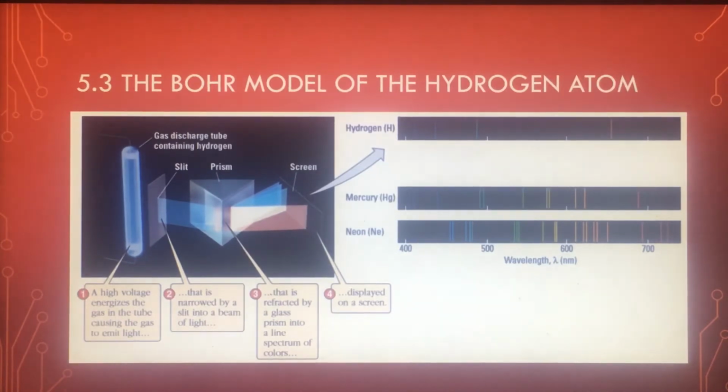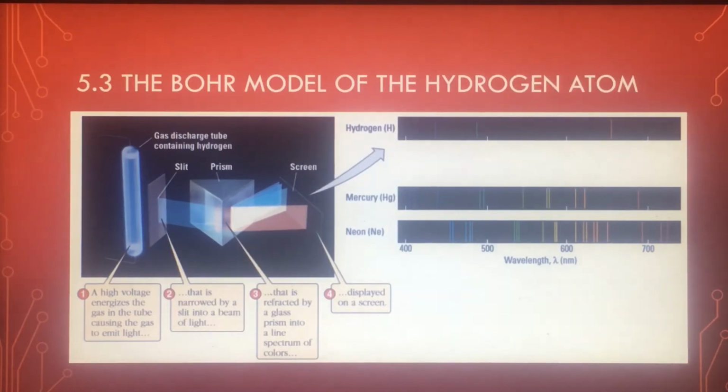So it will become energized. From Max Planck's quantum theory, it will absorb energy, and after absorbing the energy, if we switch off this energy source, there will be an emission of energy.